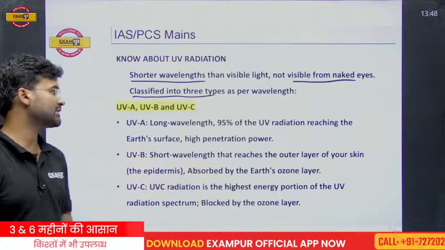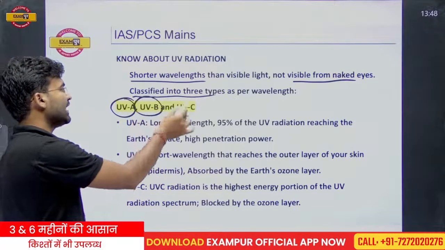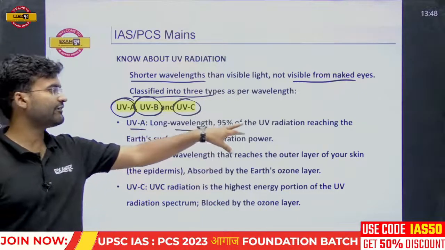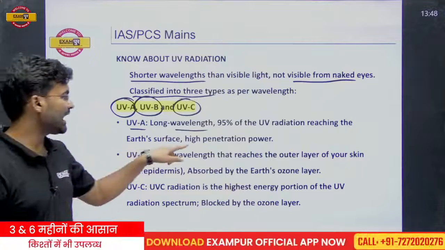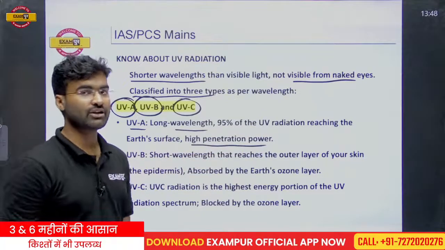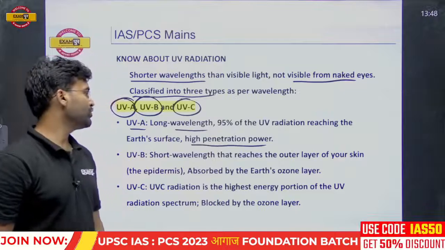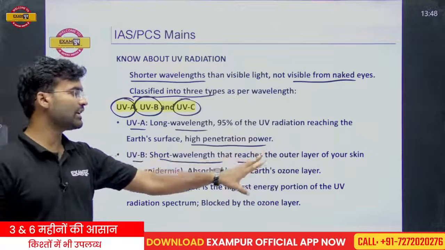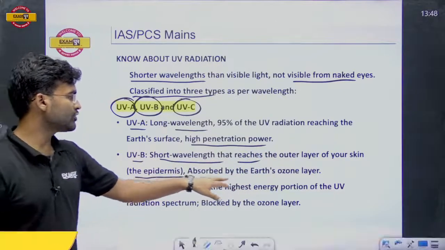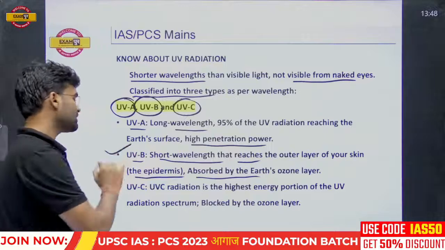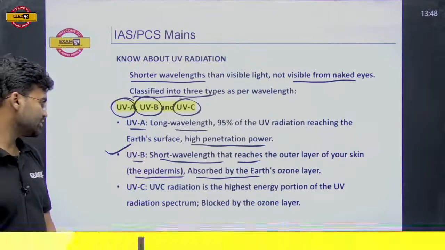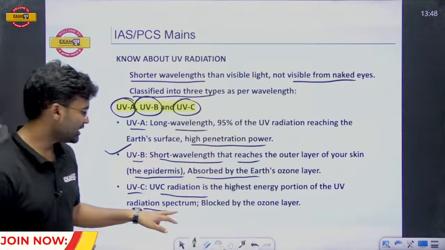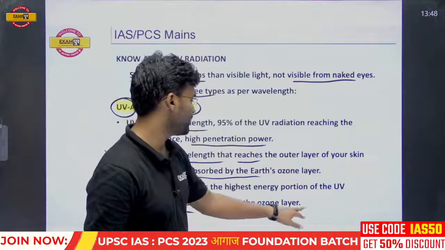It is classified into three types by wavelength: UVA, UVB, and UVC. UVA has a long wavelength and high penetration power, and 95% of the UV radiation reaching the Earth's surface is UVA. UVB has a short wavelength, reaches the outer layer of your skin, the epidermis, and is absorbed by the Earth's ozone layer. UVC radiation is the highest energy portion of the UV spectrum, and it is blocked by the ozone layer.